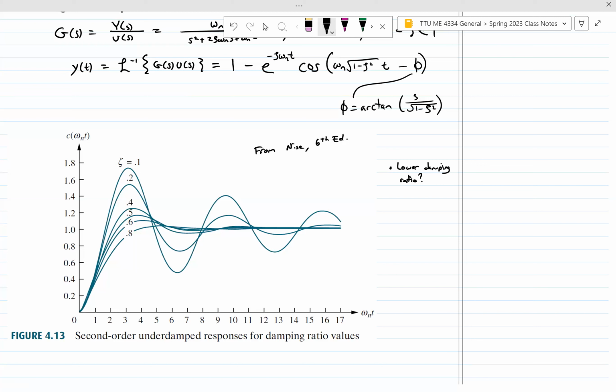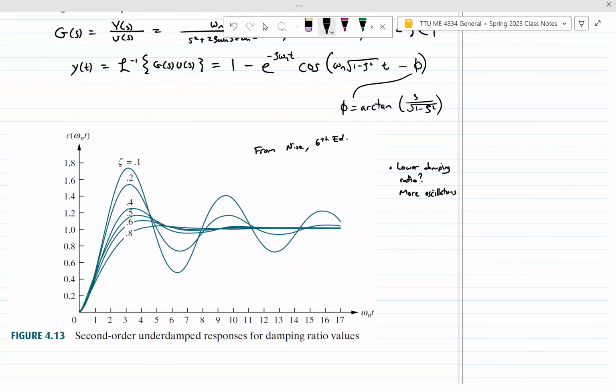More oscillations, right? Why does that make sense physically? What do you guys think? Why do we have more oscillations? But why? I think he was touching on it.